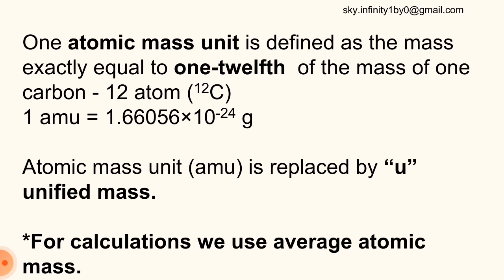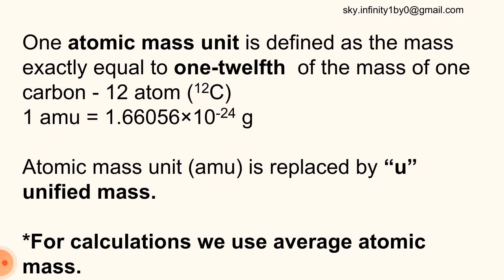For convenience, we use average atomic mass. Now, what is the need for the usage of average atomic mass? There are certain elements which will have a fixed number of electrons and protons, but the number of neutrons may differ. For example, carbon.